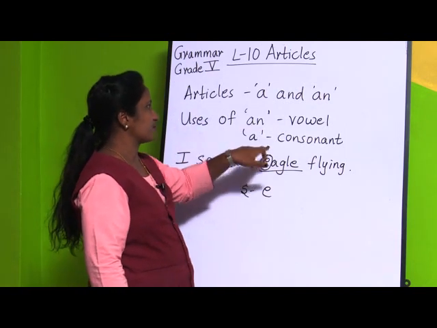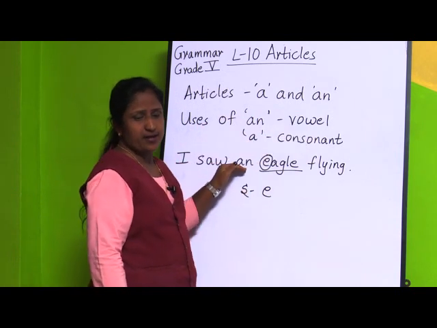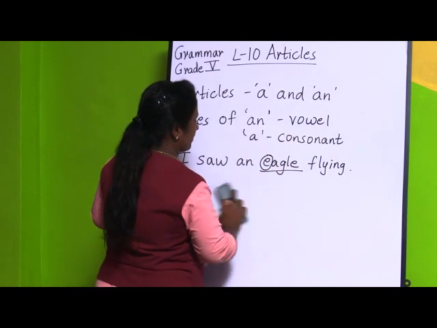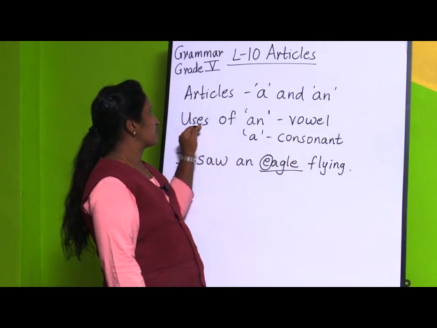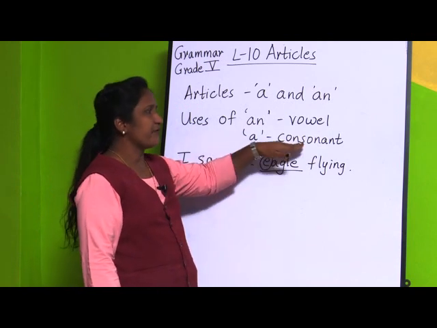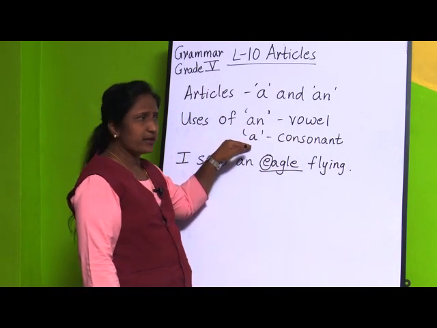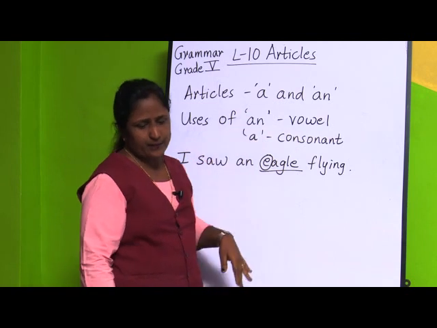So it sounds like a vowel sound, that is why we have used the article an. Once again, if it sounds like a consonant sound, we are going to use the article a. If it sounds like a vowel sound, we are going to use the article an.